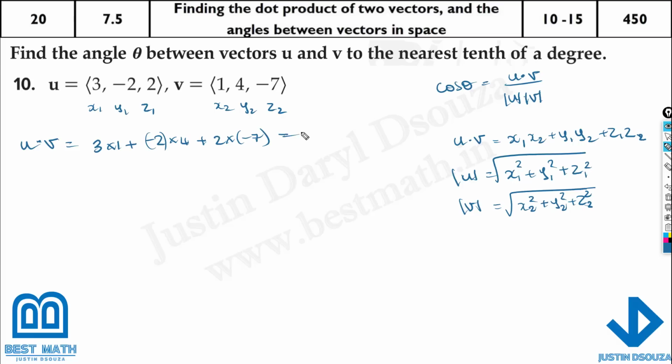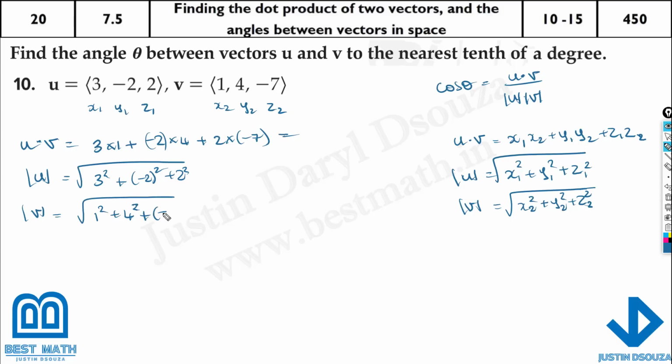You just put it in the calculator, you will get the answer. What about the magnitude of u? It's the square root of 3 squared plus (minus 2) squared plus 2 squared. V would be the square root of 1 squared plus 4 squared plus (minus 7) squared.